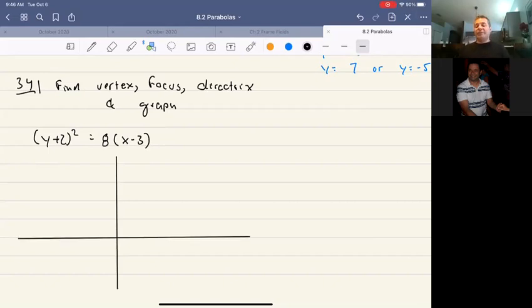Okay, so what we need first is to set both sides equal to 0. That's going to find the vertex.